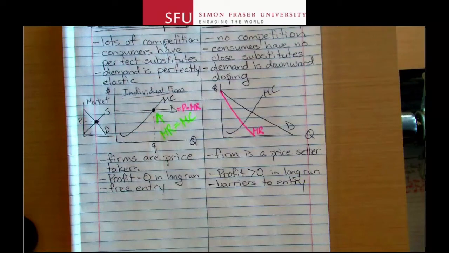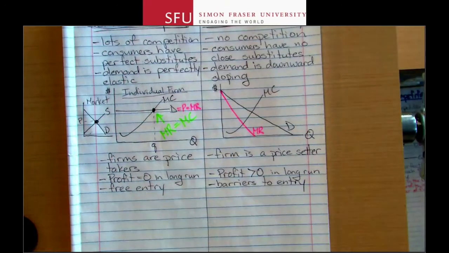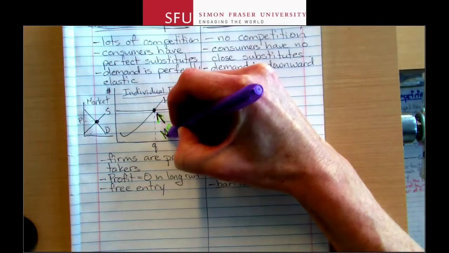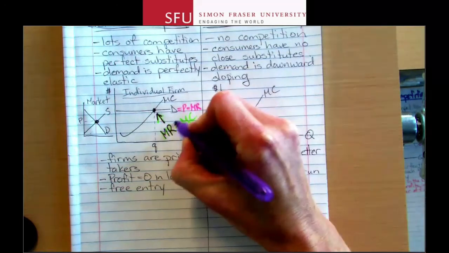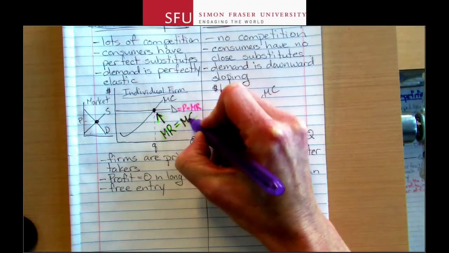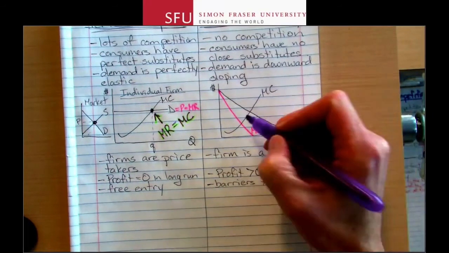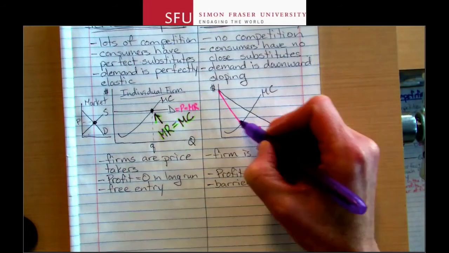Purple. So that equilibrium, MR equals MC. So that's the profit maximizing equilibrium. And then for the monopolist, MR equals MC is here.